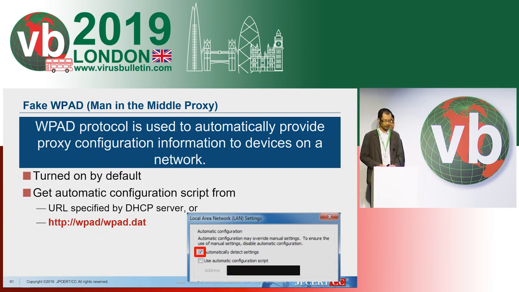The WPAD protocol is used to automatically provide proxy configuration information to hosts on the network. The configuration script of WPAD is automatically obtained. The host from which the configuration script is obtained can be specified by the DHCP server. If no server is specified, the client will access the domain WPAD.